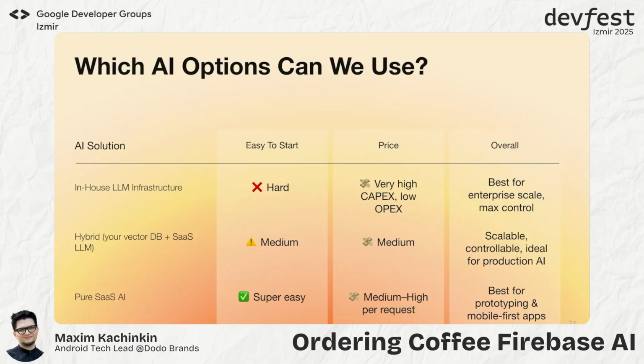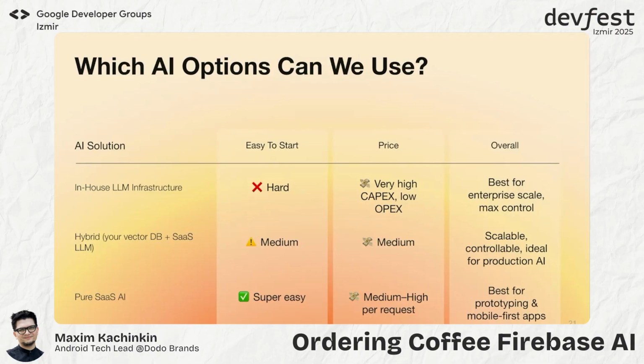We have these types of solutions, from the super complex to the easiest one: everything in-house, all infrastructure, LLMs; then the middle solution, the most popular, hybrid architecture; and what I call pure SaaS AI, when your mobile app goes to the AI directly, not to your backend.